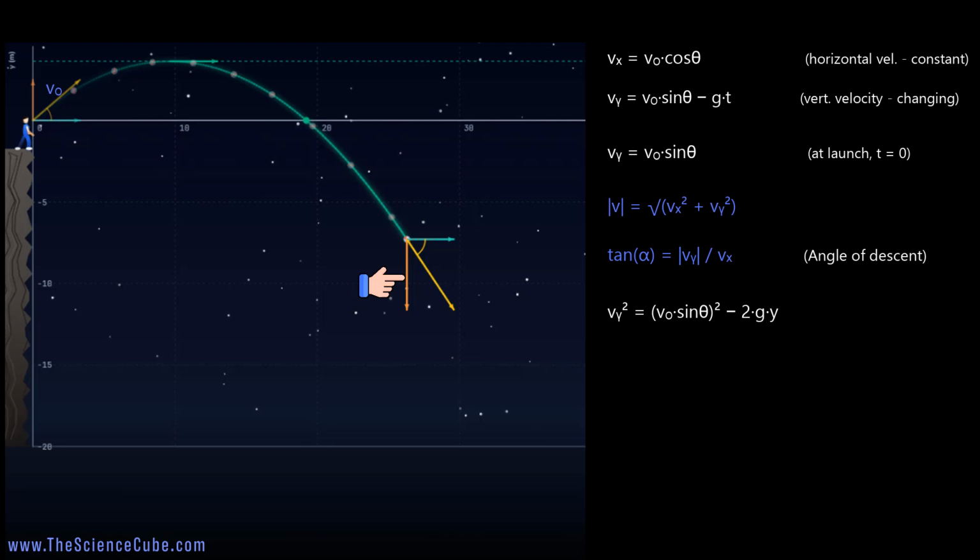It tells you vy at any height y without ever computing t. Combine that with Vx equals V0 cosine theta, which is constant, and you have the full velocity vector at any height. No quadratic, no time variable, just two squared terms and a square root. This trick, using this equation, saves you so much algebra on the exam.